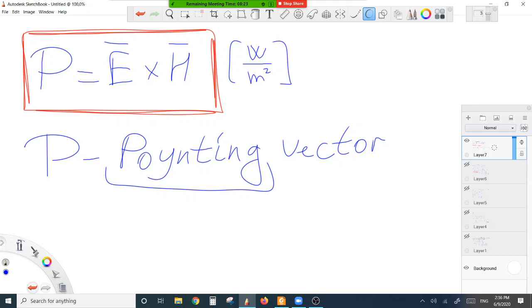Well, the advantage of this expression is that it also indicates the direction of the power flow. Information about the direction of power flow is important for wave propagation calculations.